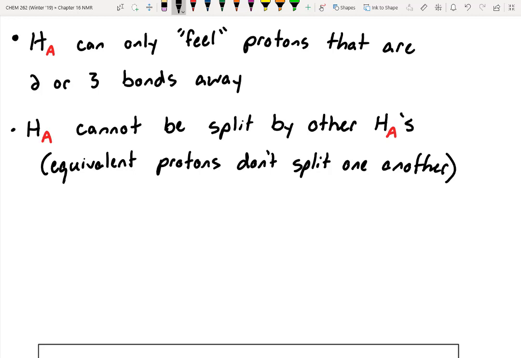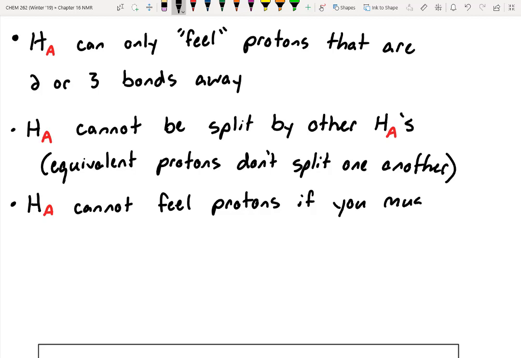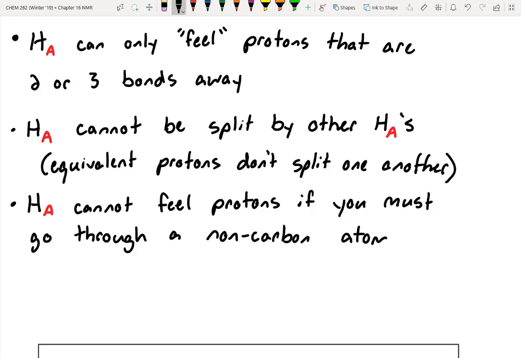And then last but not least, this is a general rule of thumb. It's true for most organic molecules. HA cannot feel protons if you must go through a non-carbon atom to find a neighbor.